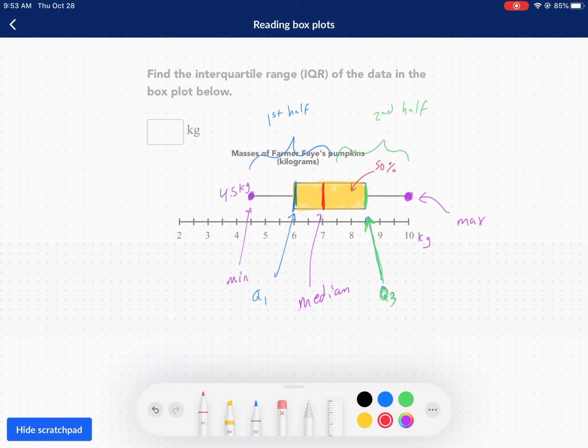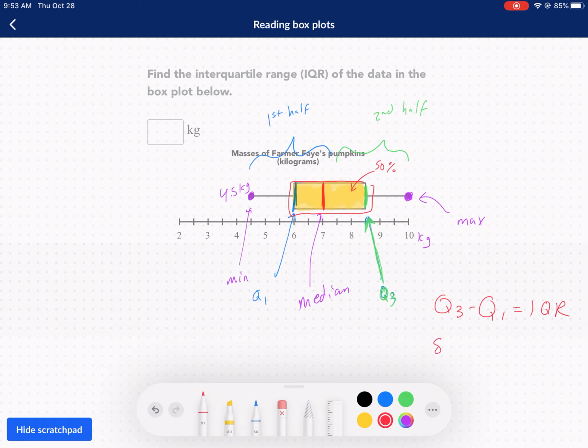That's just some background information on box plots, so you know what we're talking about and aren't just mindlessly following along. But if you're just looking for the answers, now is the part to really pay attention. Find the interquartile range. Interquartile means between the quartiles, so Q3 minus Q1. We just need to find the values.